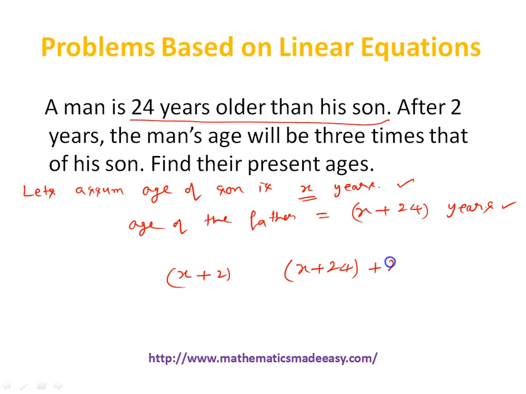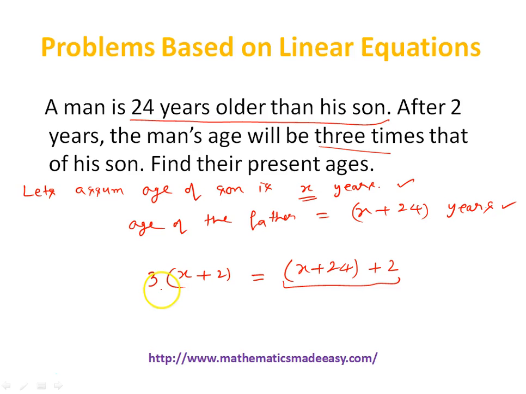And the age of the father would be whatever it was earlier plus 2, right? And now what is the relation between those ages after 2 years? After 2 years the man's age will be 3 times that of his son. If we multiply the son's age by 3, then it will become the father's age, right?